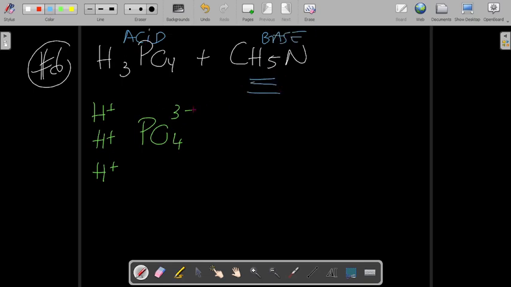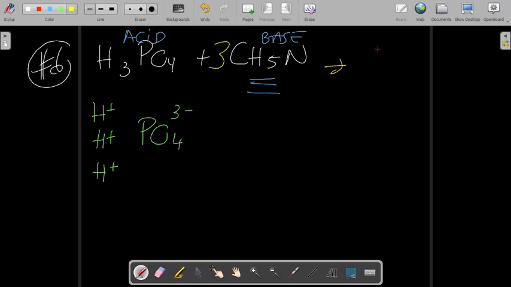Those protons need to go in this section right here of the base. And we have seen a base that had hydrogens here in the middle. How many hydrogens do I need to assimilate into the base? 3. So I'm going to need 3 of these bases to take each one of them.